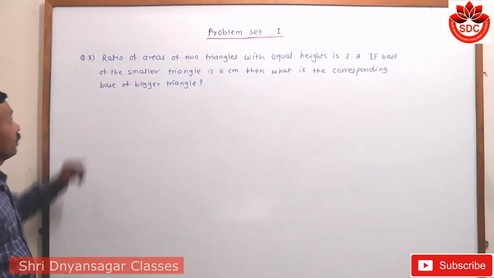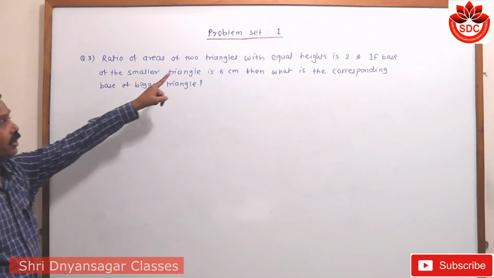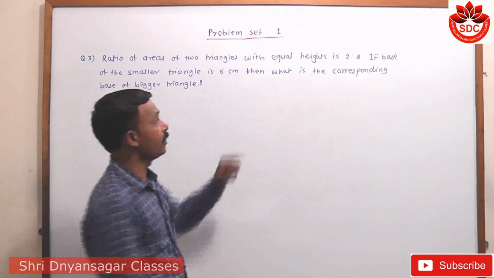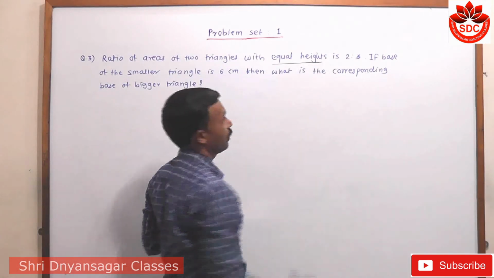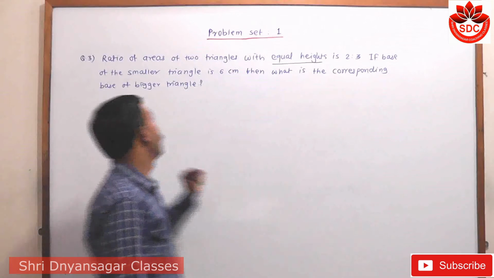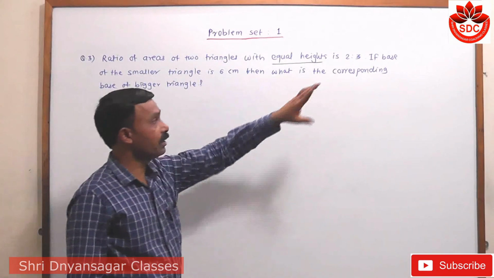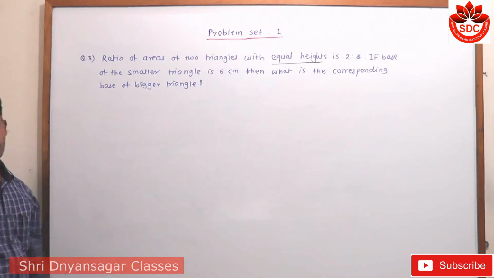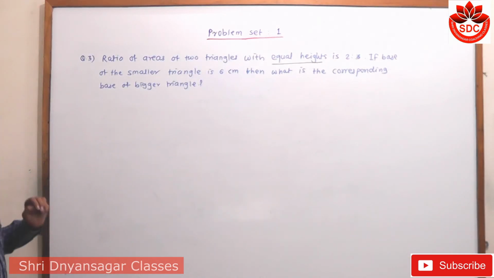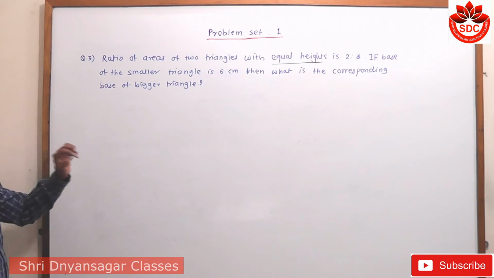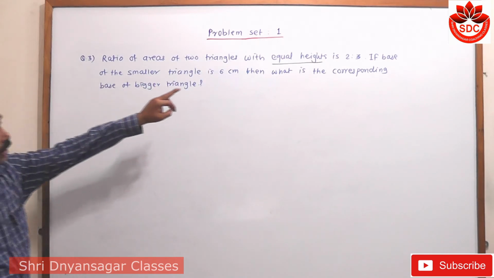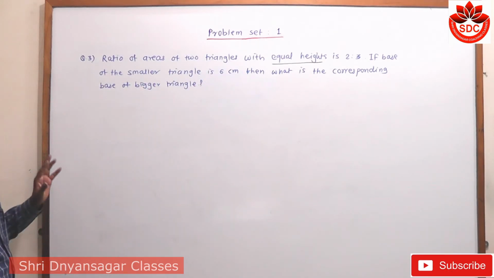Now the next question, question number third. The ratio of areas of two triangles with equal heights, look here, equal heights, is 2:3. And if the base of the smaller triangle is 6 centimeter, then what is the corresponding base of the bigger triangle? Now student, here are two triangles of equal heights.